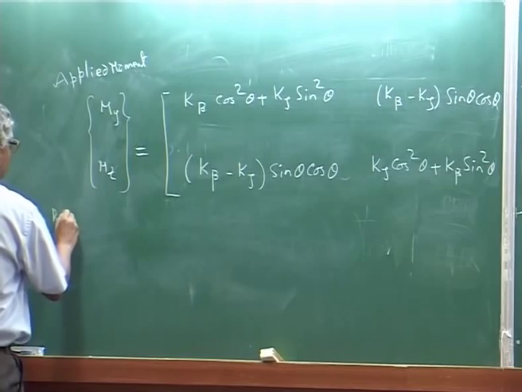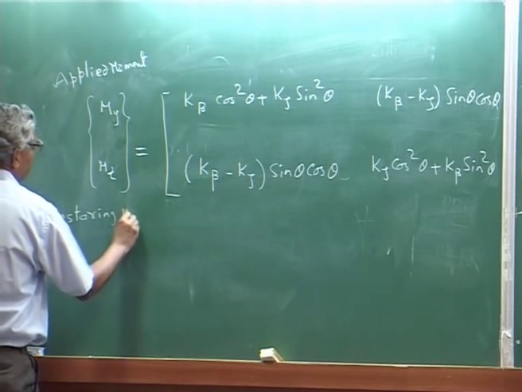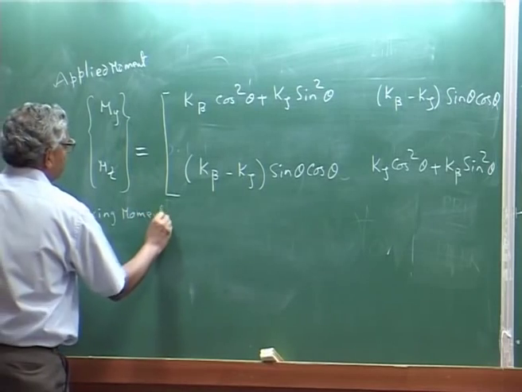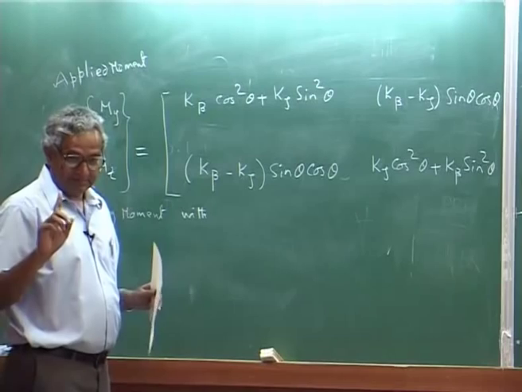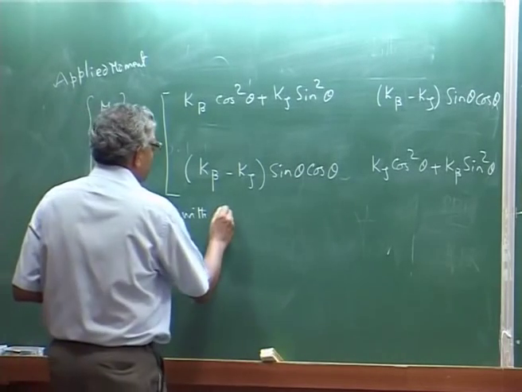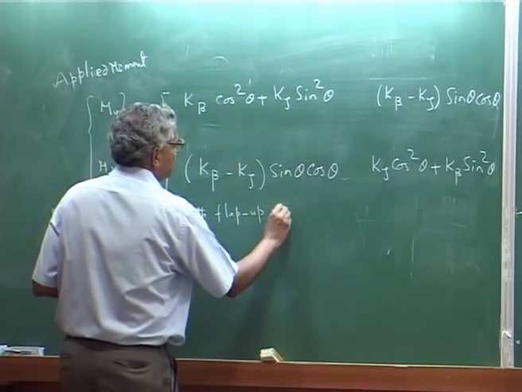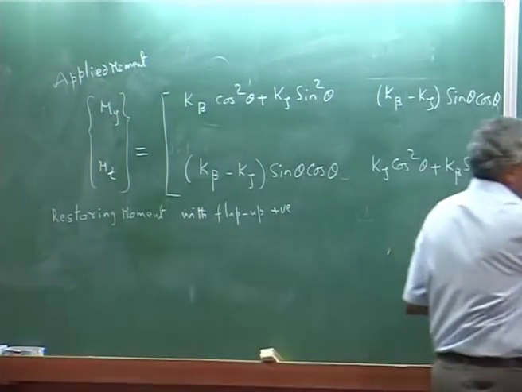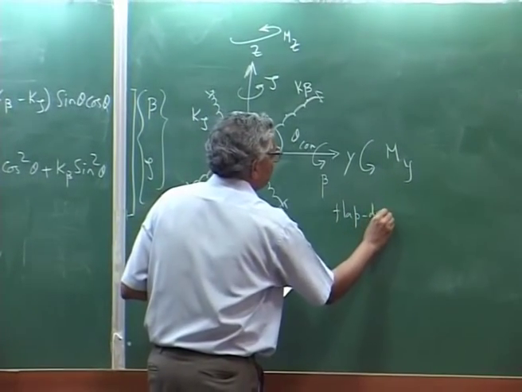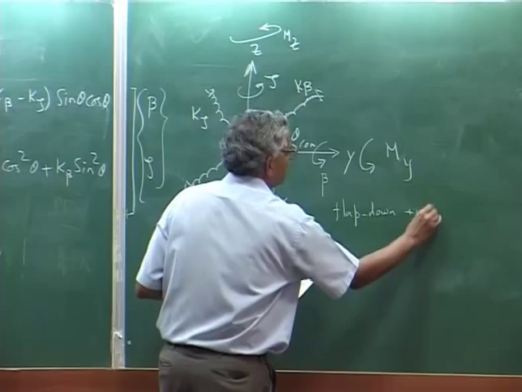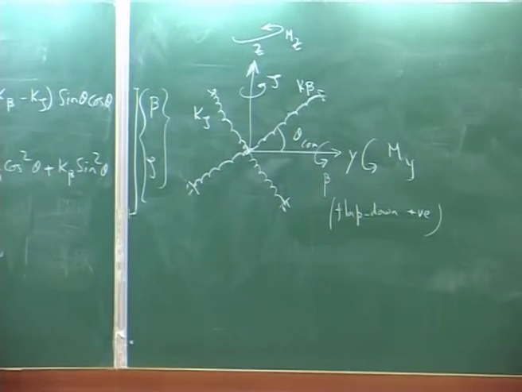Now I am saying restoring moment, that means the spring moment with flap up positive, okay, with the flap up positive. That means this is flap down is positive. If you want I can write flap down positive here because of my convention.